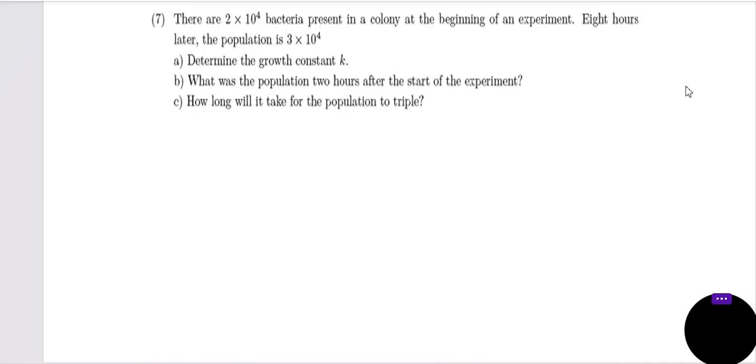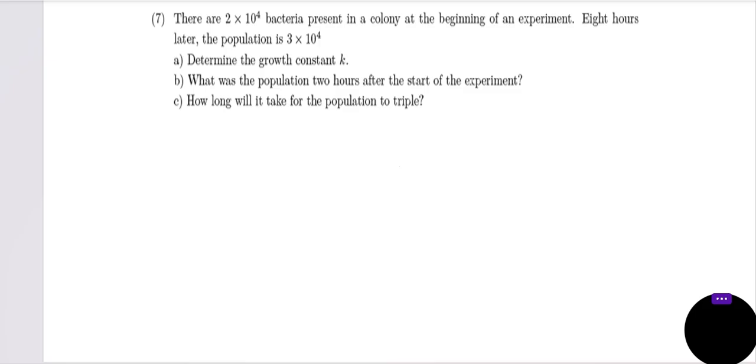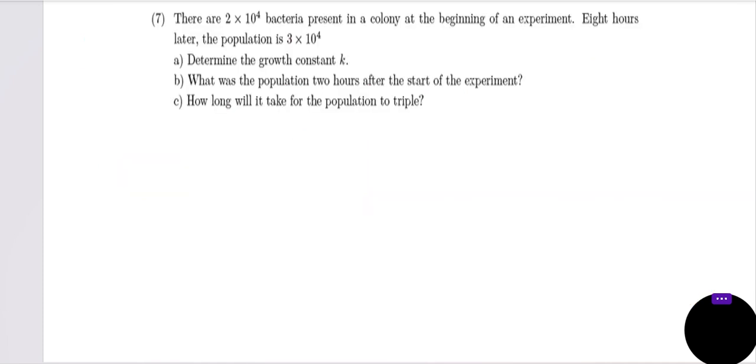So this is another question. There are 2 into 10 power 4 bacteria present in a colony at the beginning.